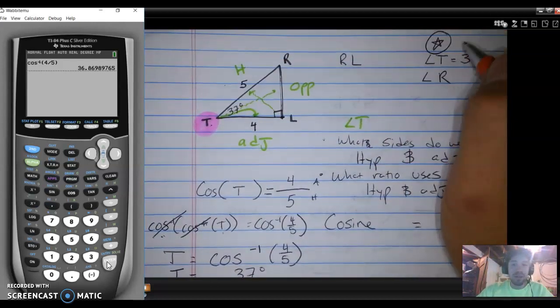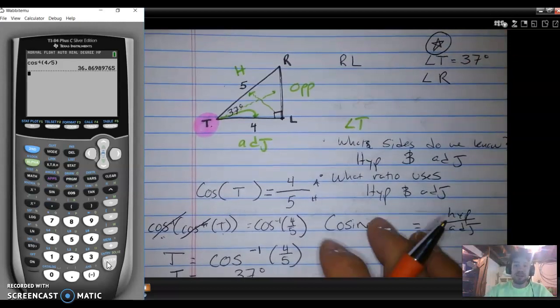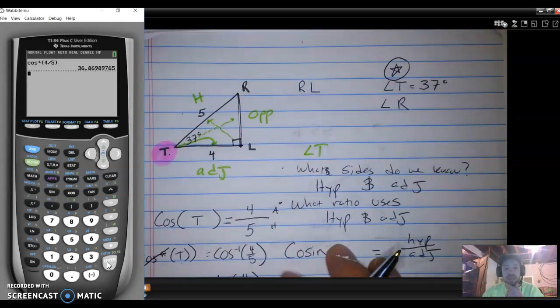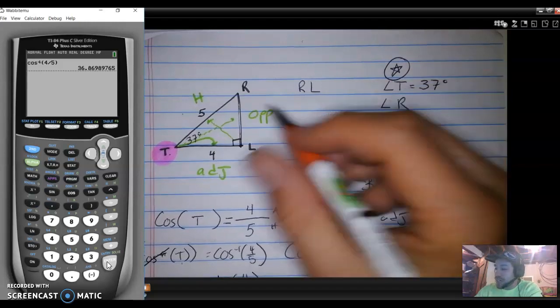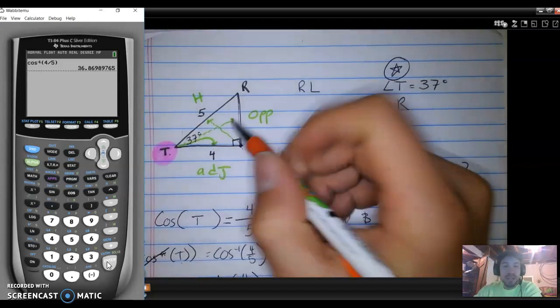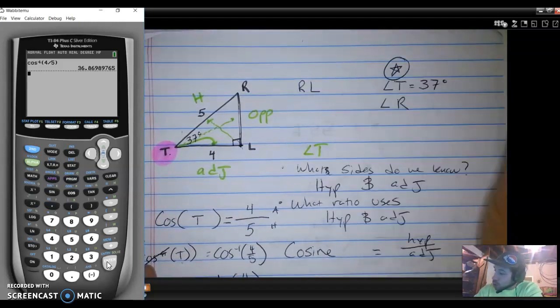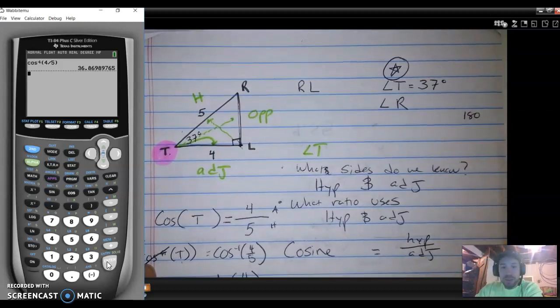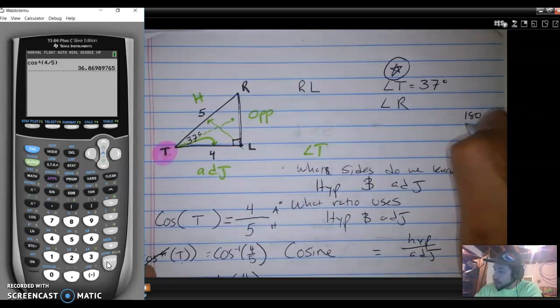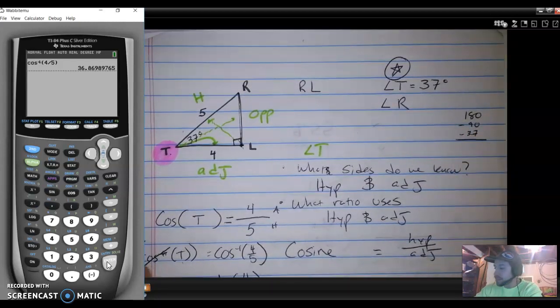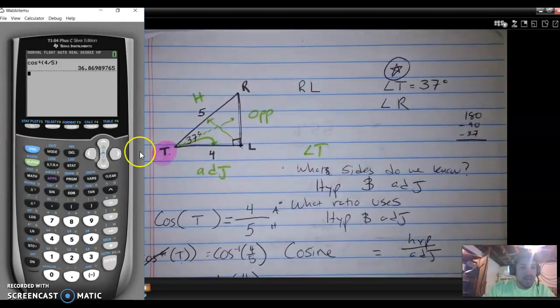Again, we found our angle. Now we need to find the measure of angle R. To find the measure of angle R is very easy now. We know two angles. If you know two angles, remember we take 180 and subtract the other two. 180 minus 90 minus 37. We can go to our calculator and do that, or you can do it mentally.